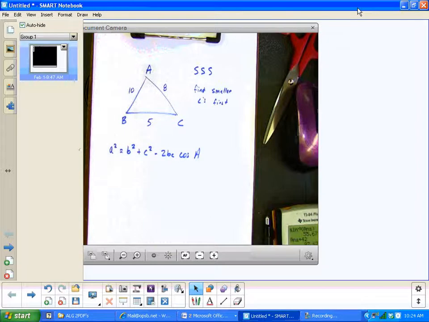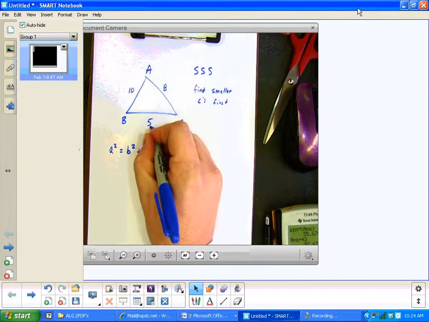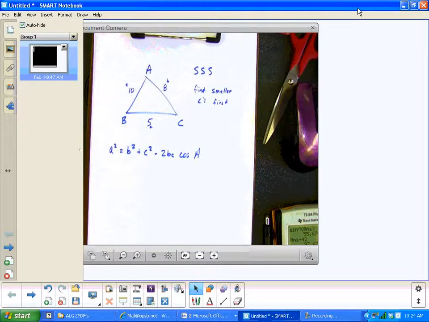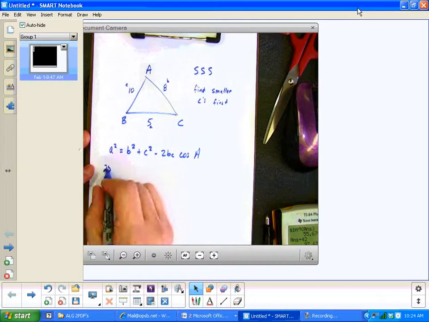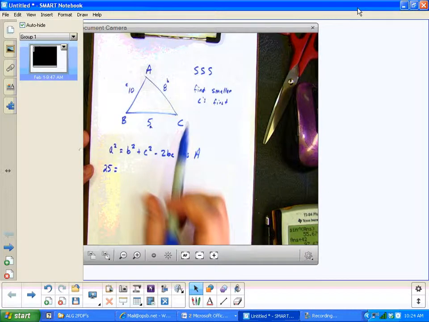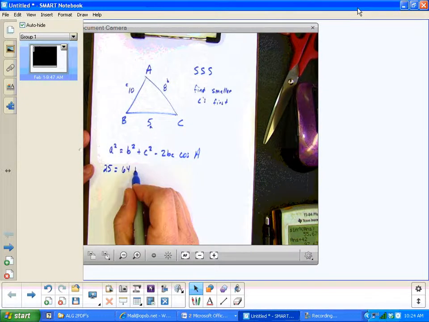Now let's fill this in, and let me label my sides here. This one's the A. This one's the B. This one's the C. So A squared here is going to give me 25. B squared is going to be 64. C squared is going to be 100.